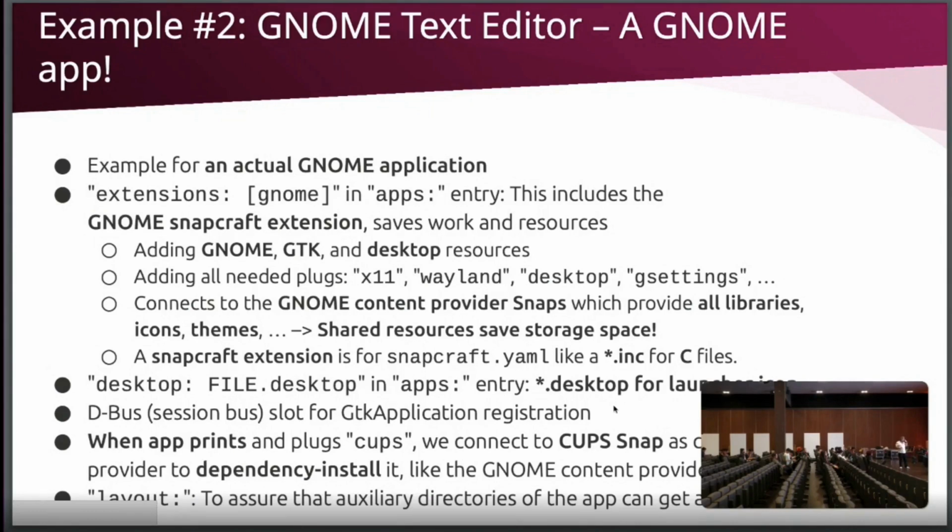And another thing is, many desktop applications, especially the GNOME text editor, have the functionality to print your work on paper. For security reasons, we cannot simply let it access our CUPS daemon which we are running, because the CUPS daemon accepts any user's jobs, any application's jobs.